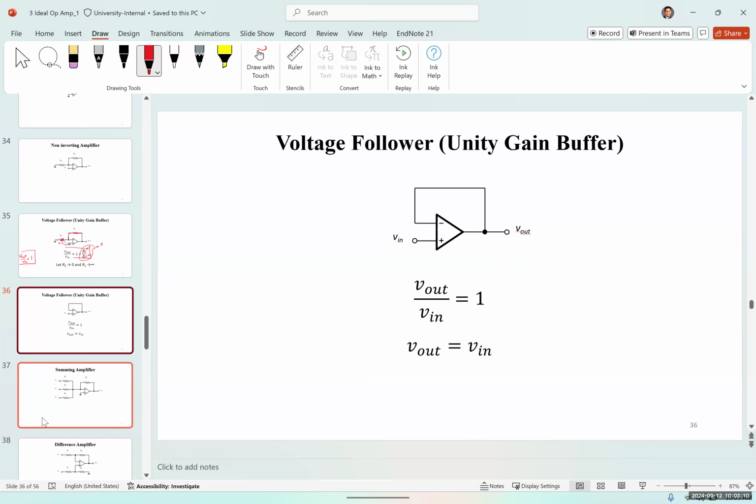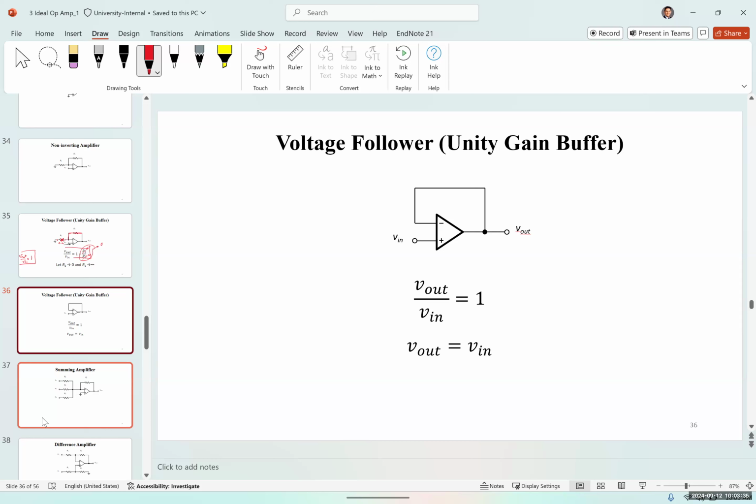The reason that we use it is because we want to separate usually an input from an output. For example, if you are connecting a speaker to a signal amplifier, speakers usually have very low resistance, and if you put a lot of voltage, it's gonna destroy the coil in the speaker.